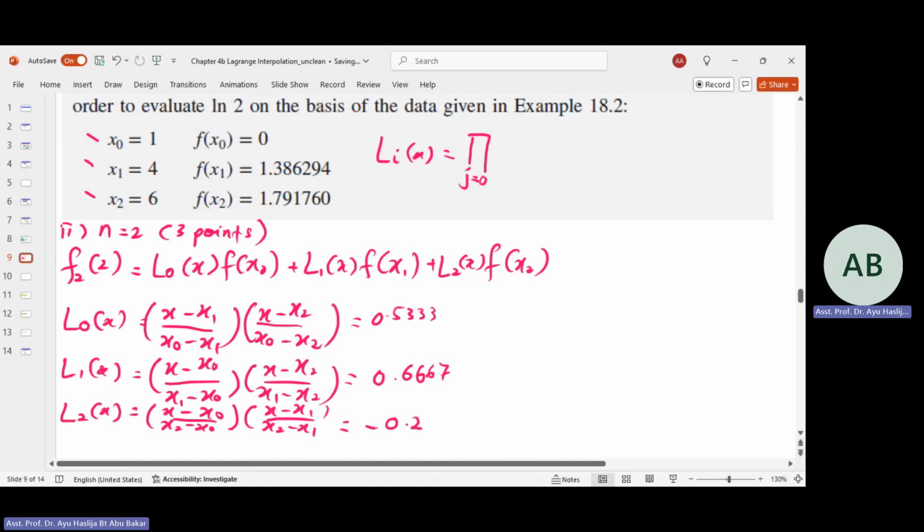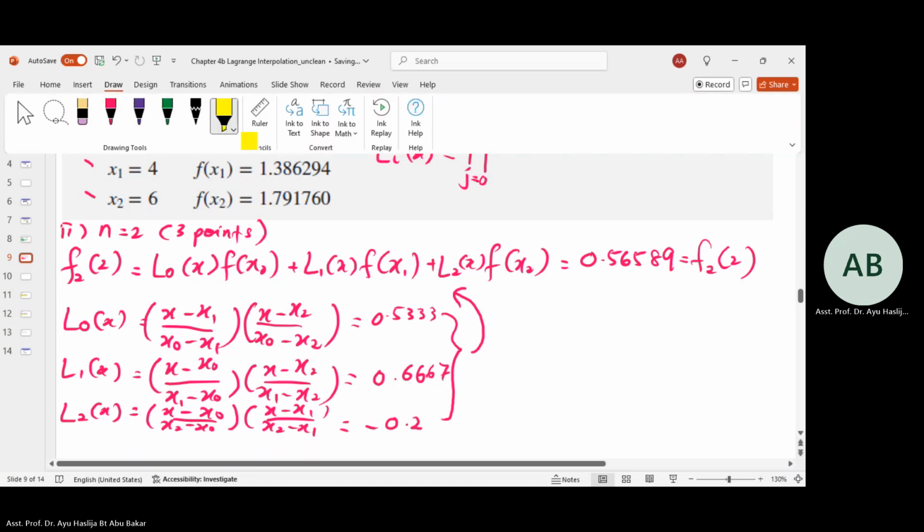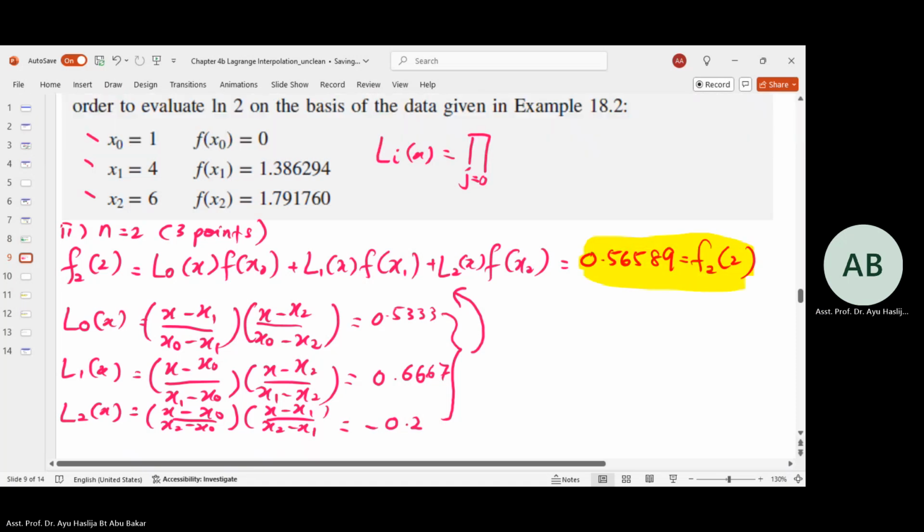Once you get your L, sub into the main equation, you will get your final answer, f2(2). Now try to check the true error with n equals 1 and n equals 2. What do you get?